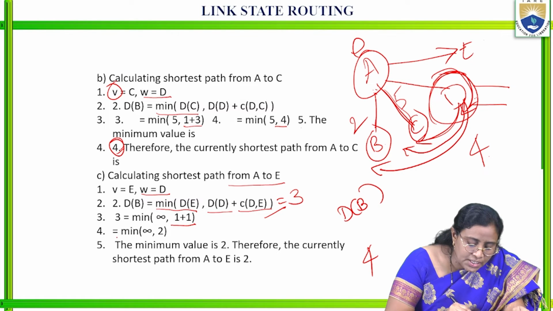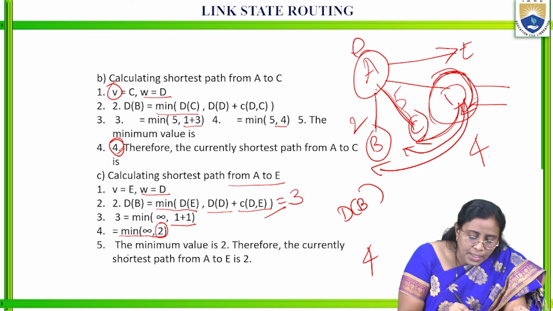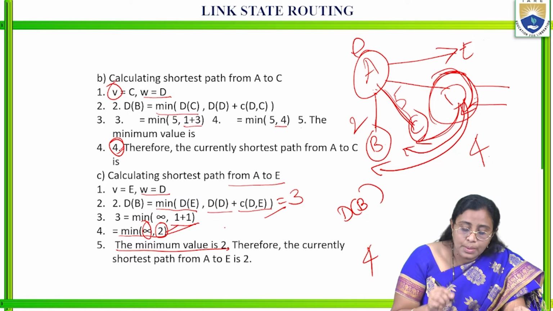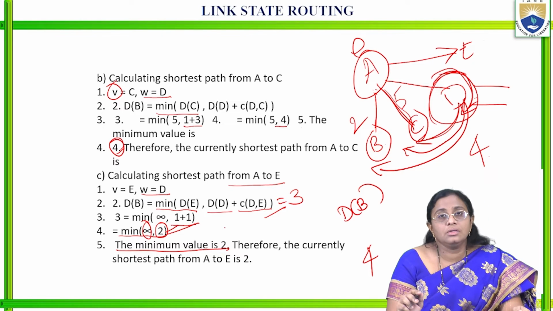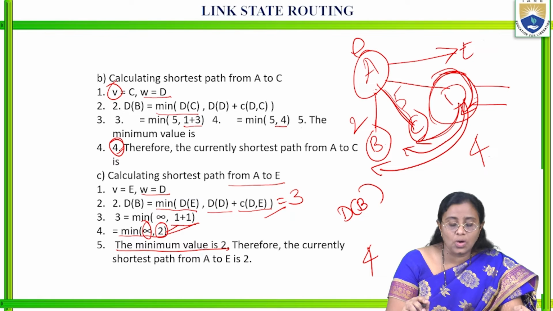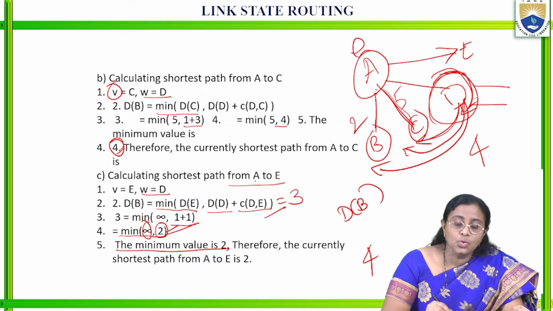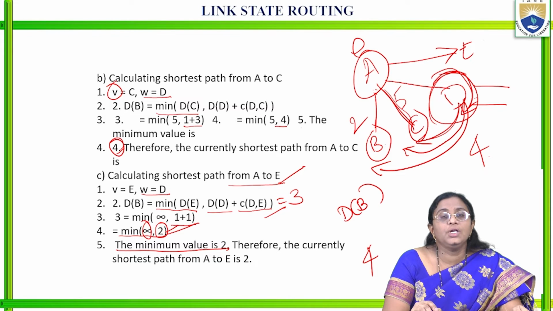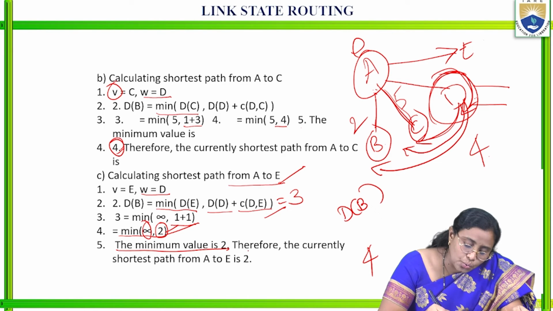So, one is infinity, and the second one is 1 plus 1 is equal to 2. Infinity doesn't have any value, so 2 will be taken as the minimum, or least cost path, from the root node A to the node E. Therefore, currently the shortest path from A to E is 2.